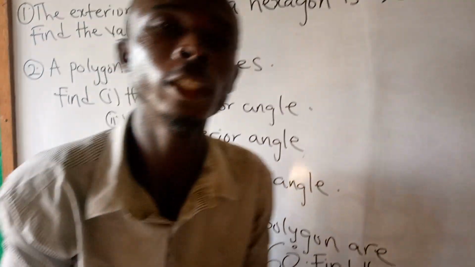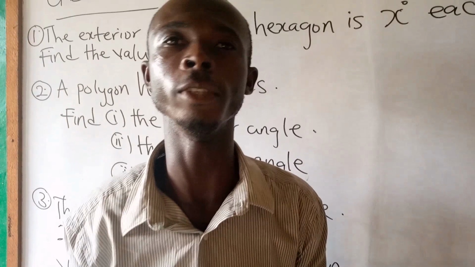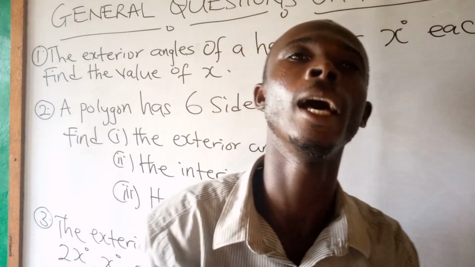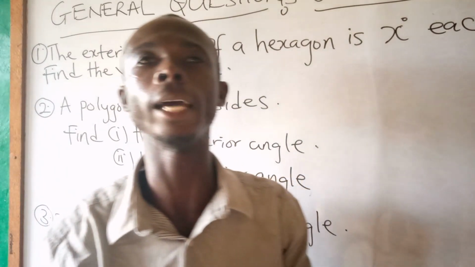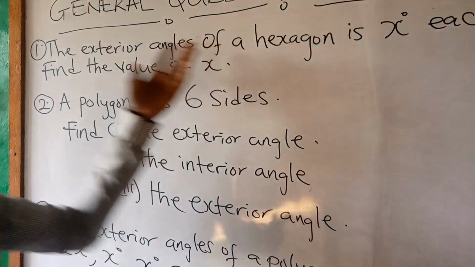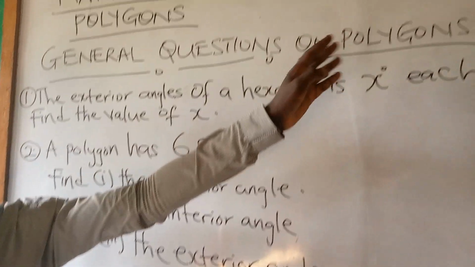Even though we know the formulas for the sum of interior angles and exterior angles, one may ask, how do we apply these formulas? I have named it General Questions on Polygons.